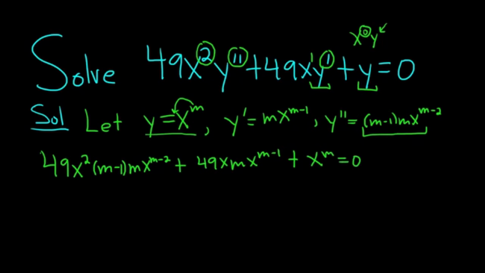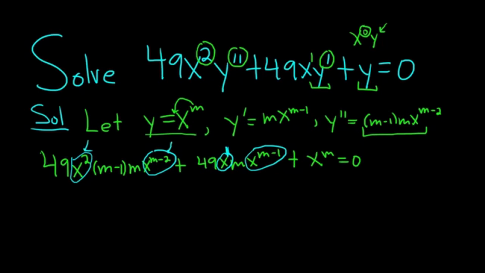So when you get to this step, you always want to combine the x's. So you'll notice here we have x squared, and then here we have x to the m minus 2. So we multiply these, we're going to get x to the m. The same thing is going to happen here. x to the 1 times this is going to give us x to the m. Why? Because we add the exponents, right? So 2 plus m minus 2 is m.